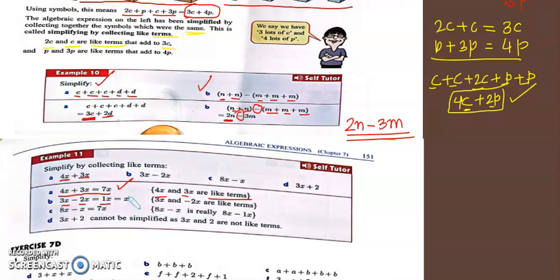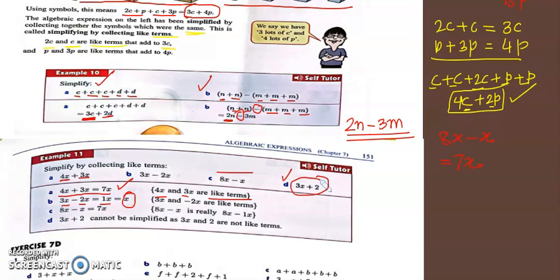But we don't write 1x, we write x. Then 8x minus x, which is 8x minus 1x, is equal to 7x.